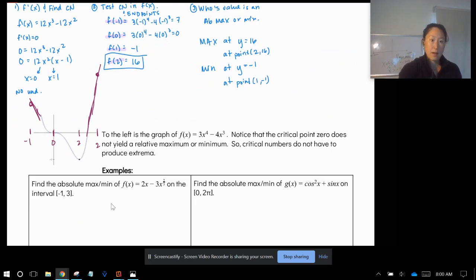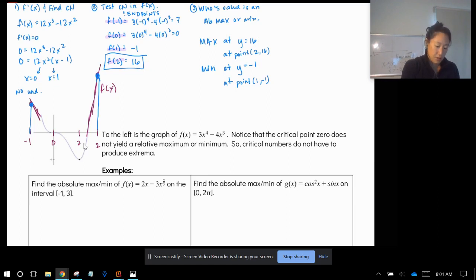All right, here I have pictured the graph of f of x, and this is the original f of x. You can look and see that the endpoints were at x equals 2 and x equals -1. And we're looking for the absolute min and the absolute max.